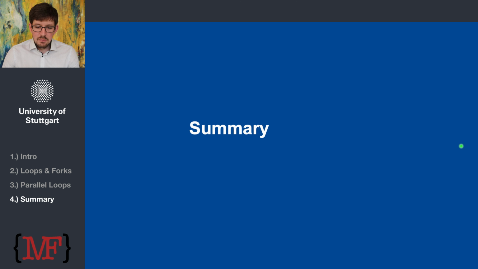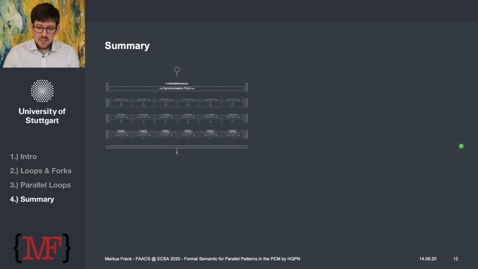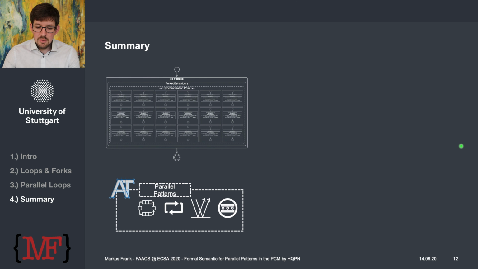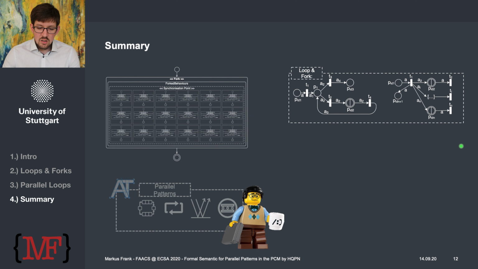So, let's wrap it up. I explained to you the issue when modeling massively parallel applications and the problem when using the parallel architecture pattern catalog. So to face these problems, we first had a look at 2 already specified concepts using hierarchical queuing Petri nets, the forks and the loops.